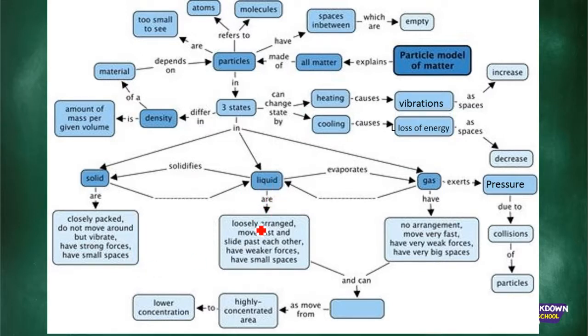A liquid is loosely arranged, and they slide past each other, and they have weaker forces. And in the gas, they have no arrangement, and they move very fast. And this means that they can diffuse. And when they diffuse, they move from a high concentrated area to a low concentrated area.